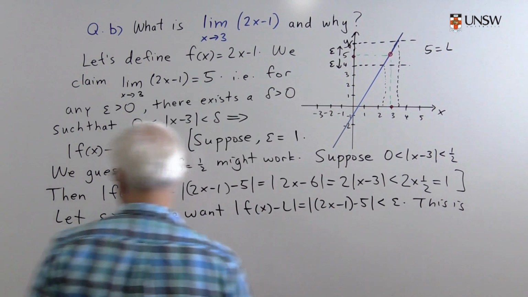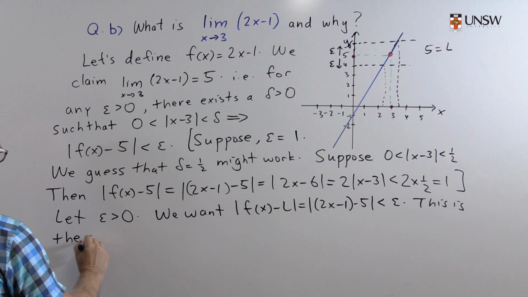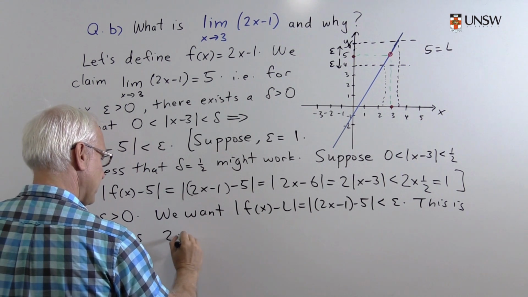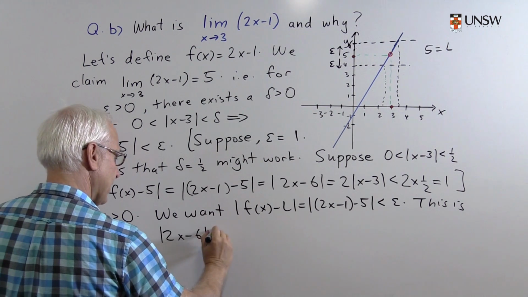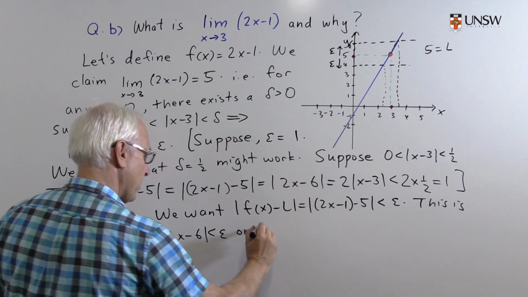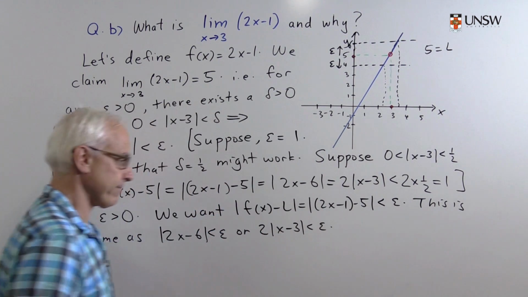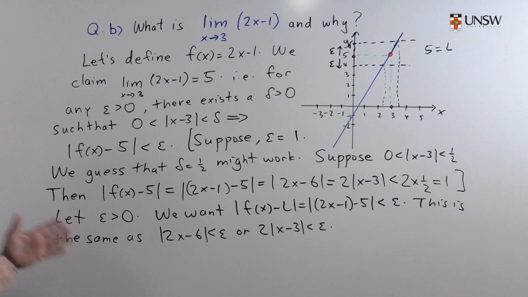This is the same as 2x minus 6 is less than epsilon, or 2 times x minus 3 is less than epsilon. That's what we want.